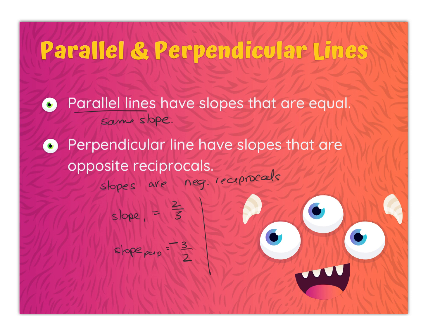If the slope is 4, that's the same as 4/1, so the perpendicular line would have a slope of -1/4. If this was -1/5, then this would be +5/1. So for the perpendicular line, you flip it and you negate it, or change the sign. And again, parallel lines have the same slope.